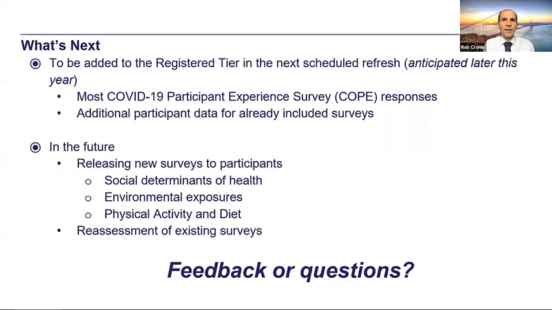We're just making sure the data is appropriately cleaned and the privacy rules have been applied before it's available. That's why not every single piece of data a person puts in is available right away in the registered tier, because of certain privacy concerns. But that's why more data will be released in the next refresh.